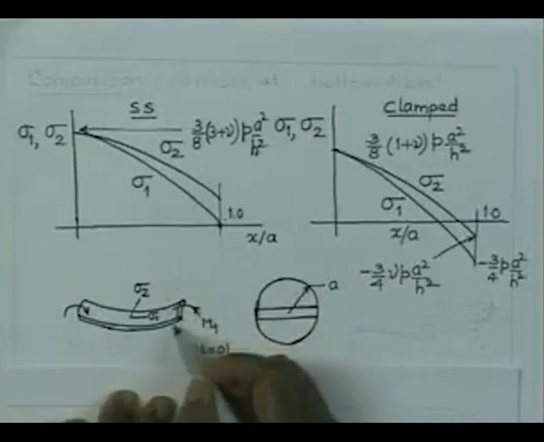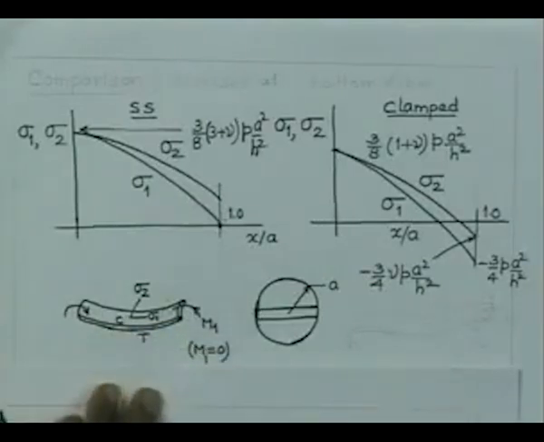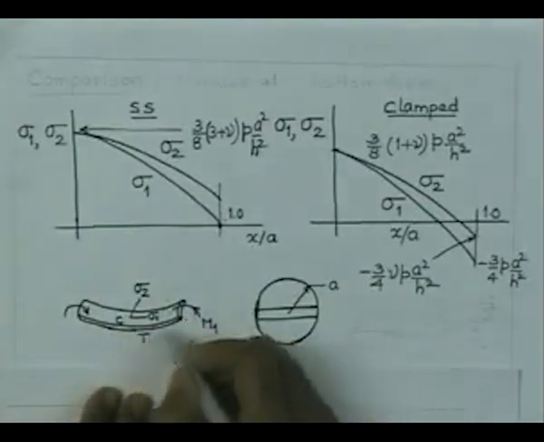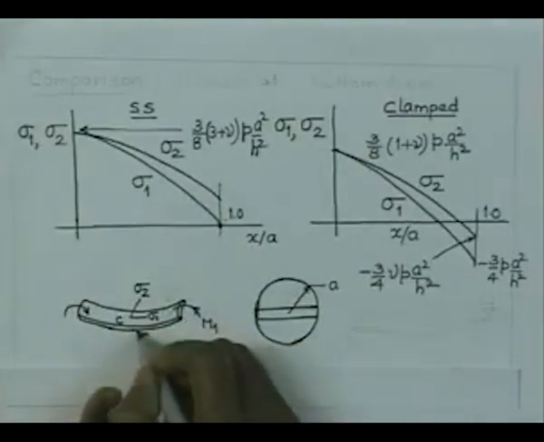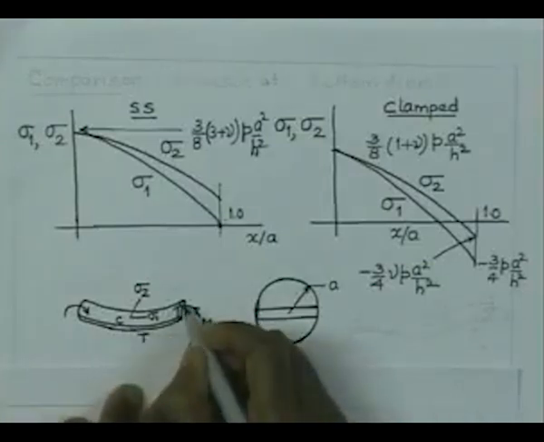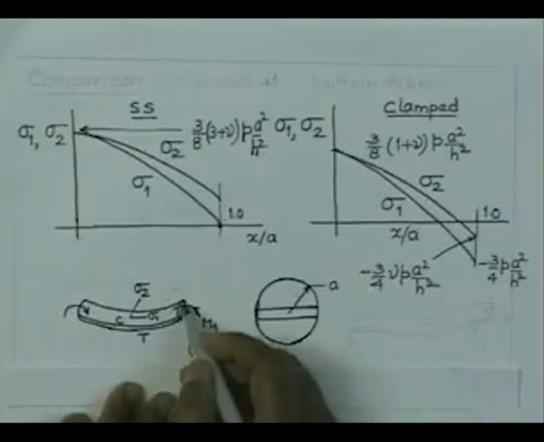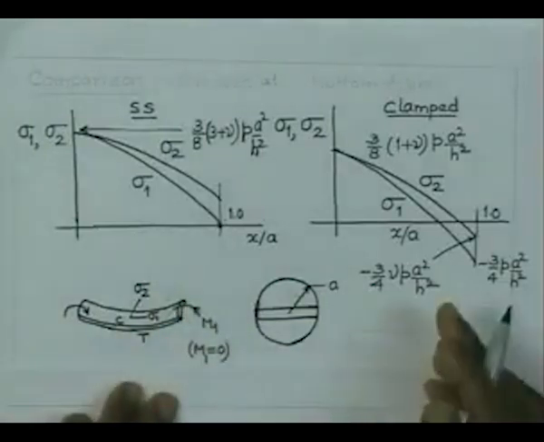Since tensile stresses are developing at the bottom fiber, compressive stresses are developing at the top fiber. Because of the anticlastic curvature, this will try to bend like this, but we are trying to keep the plate all the time touching the support.